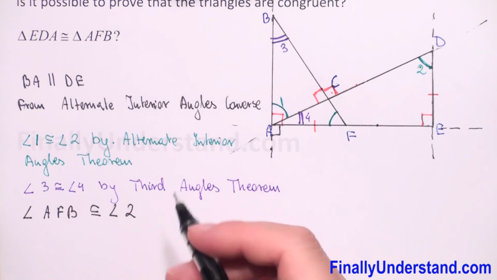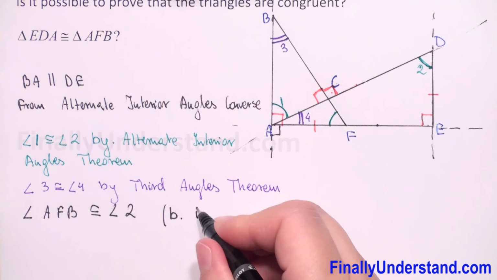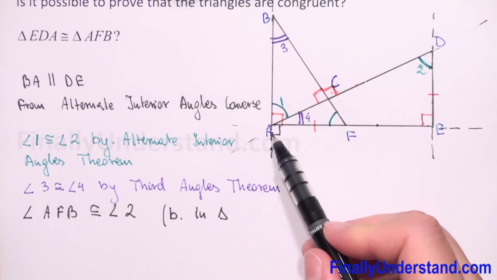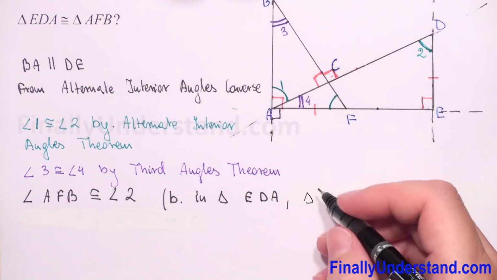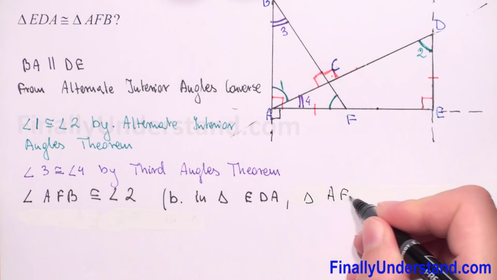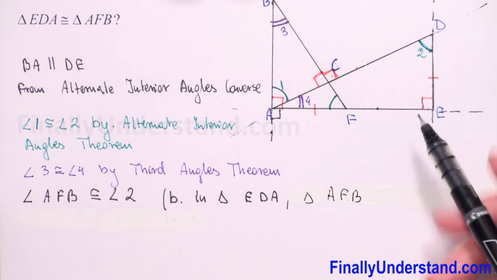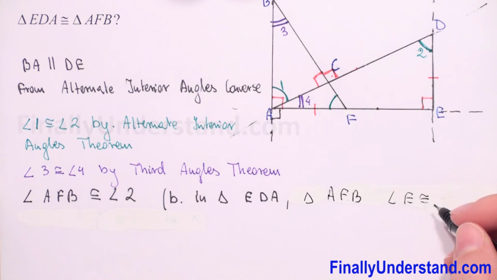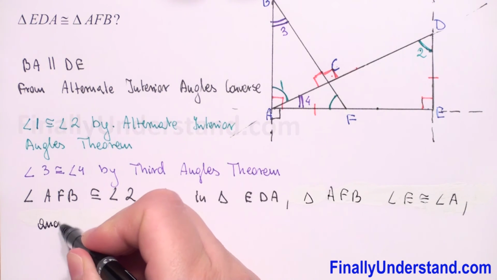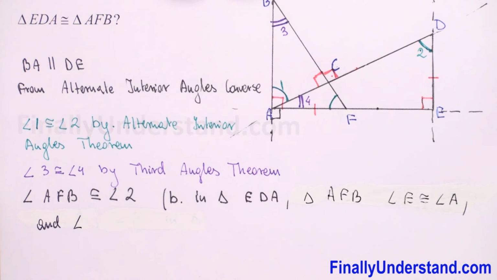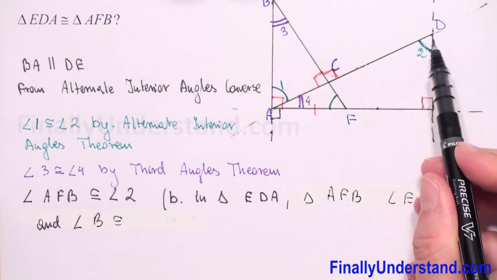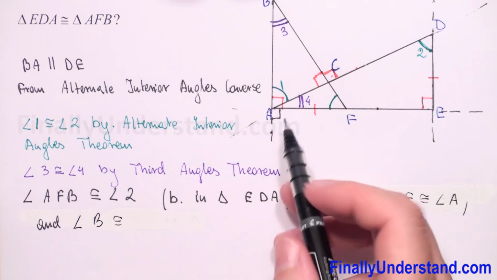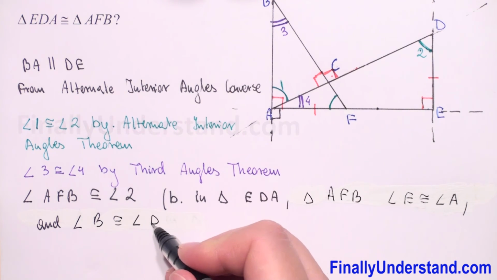Why? One more time. Because in triangle EDA and triangle AFB, we have that angle E is congruent to angle A, and angle B is congruent to angle DAE, to that angle DAE.